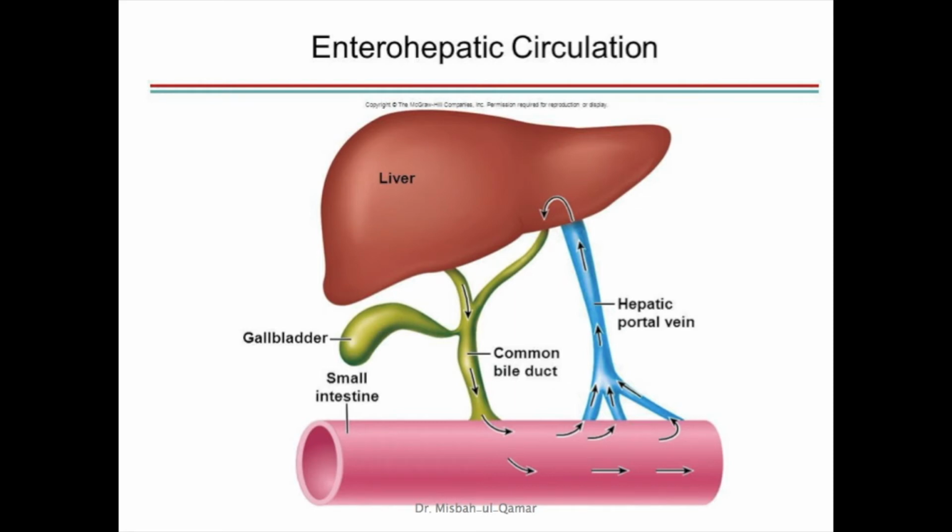In this enterohepatic circulation, 94% of bile salts are absorbed from the gut into portal blood and then passed to the liver, absorbed by hepatocytes through the sinusoids, again excreted into the bile and again reabsorbed. On average, bile salts make an entire circuit 17 times before being excreted in feces.